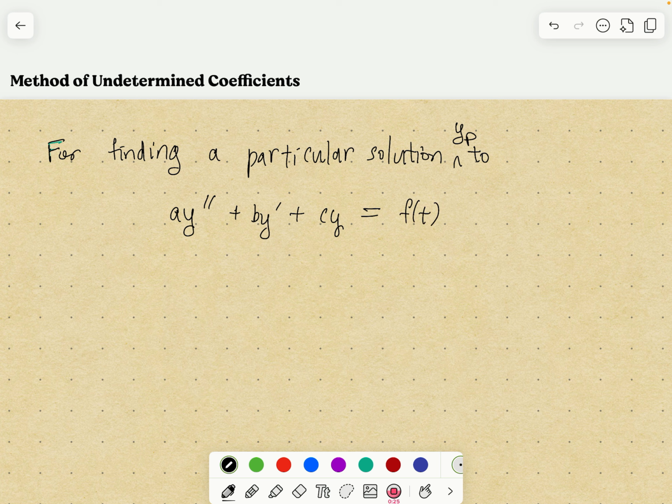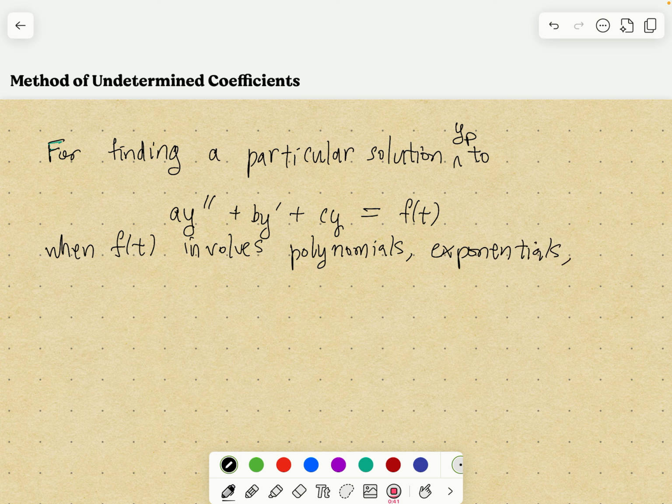This method will work when f of t involves polynomials, exponentials, and sines and cosines. In this video, we're just going to talk about polynomials.